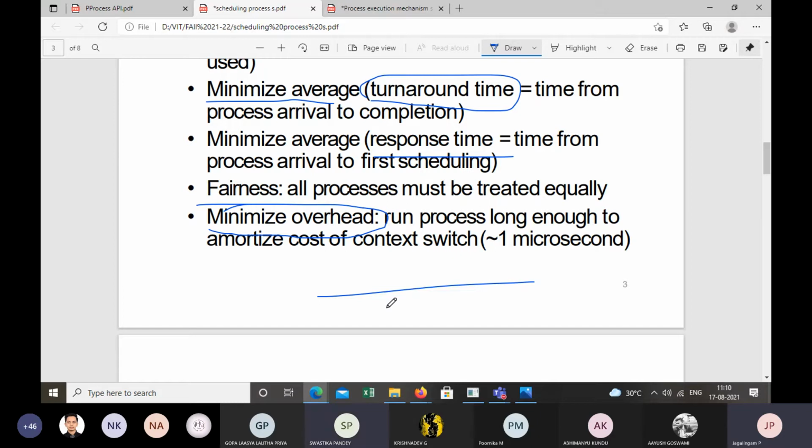A good amount of time would be consumed. For every context switch, we need approximately 1 microsecond. Therefore, if you do this very frequently, the CPU spends more time making context switches. So once the operating system decides to execute a process, we have to execute the process for long enough. Therefore, we can minimize the overhead.